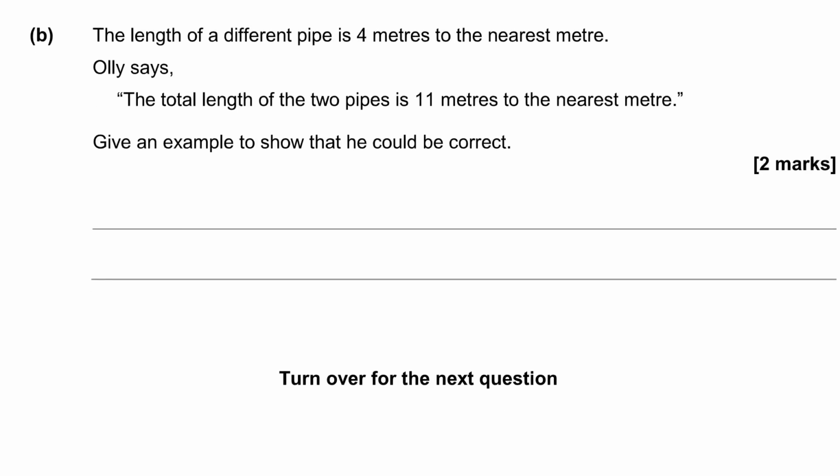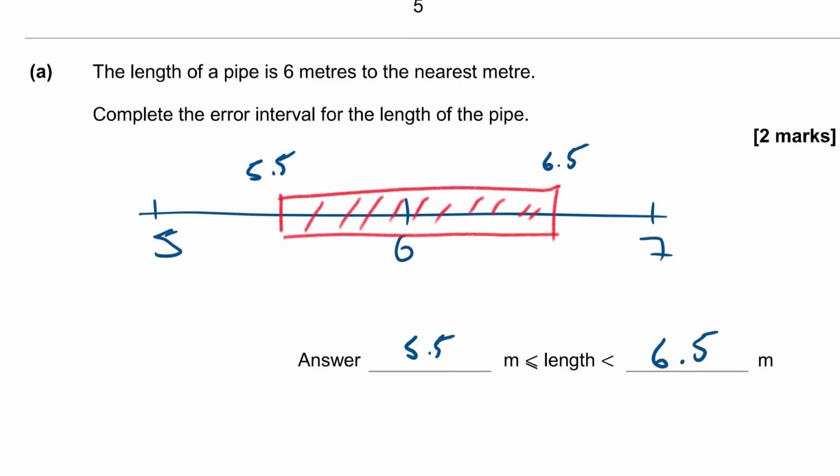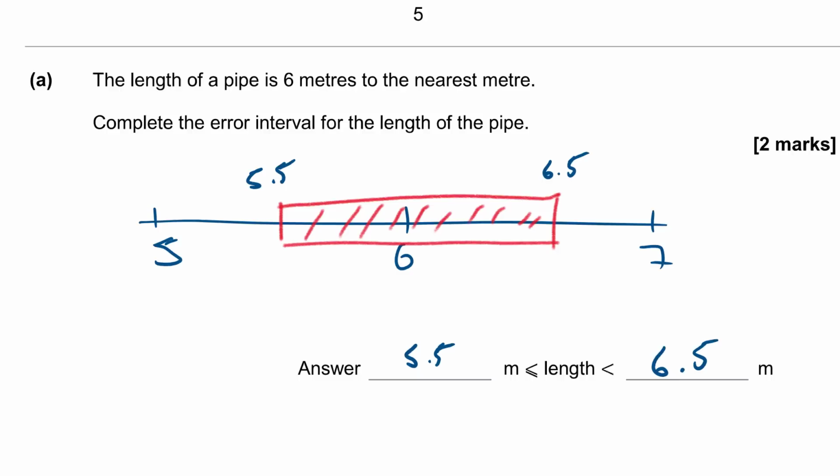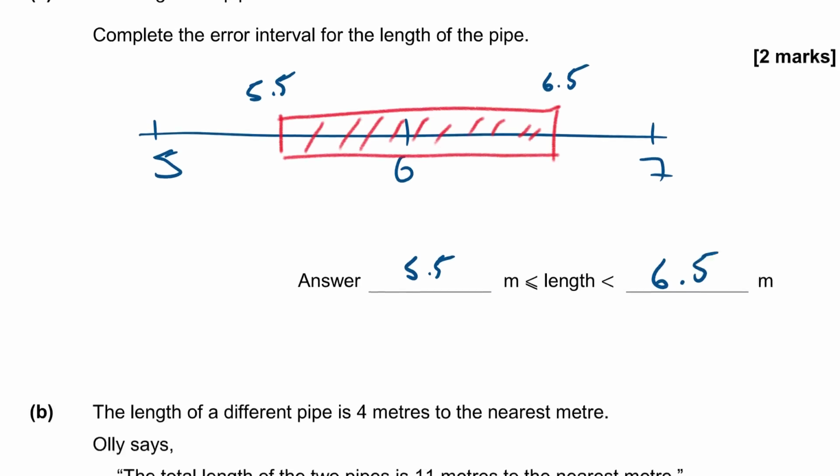Question 7b says the length of a different pipe is 4 meters to the nearest meter. Ollie says the total length of the 2 pipes is 11 meters to the nearest meter. Give an example to show how he could be correct. Well, we know that the first pipe is between 5.5 and 6.5.